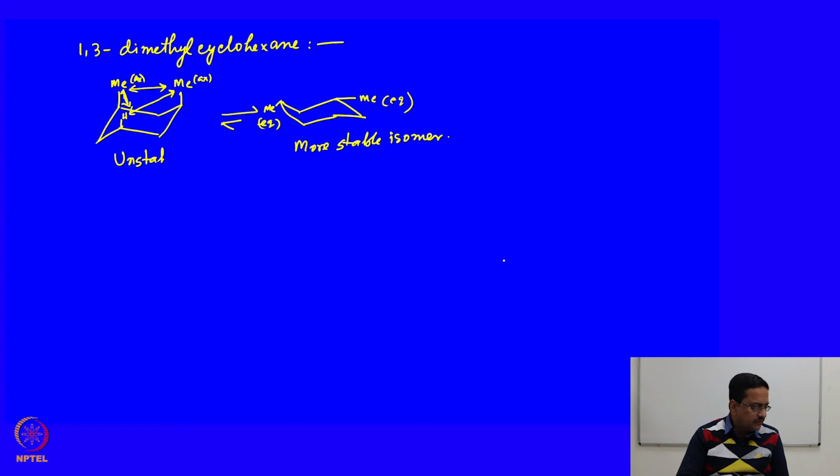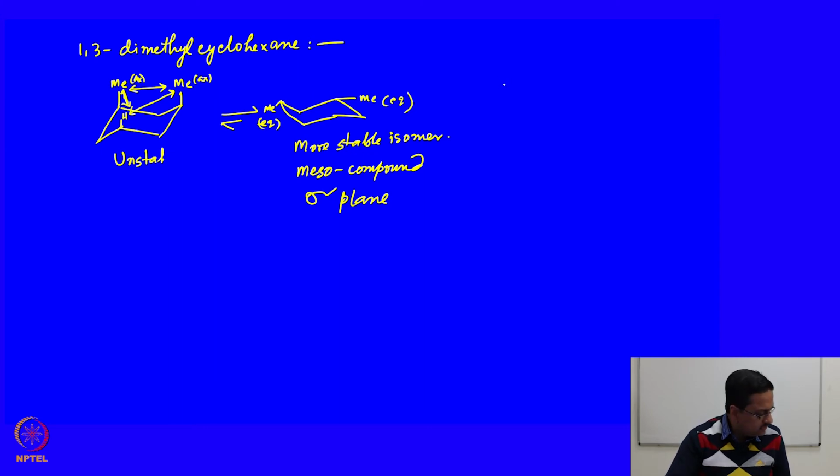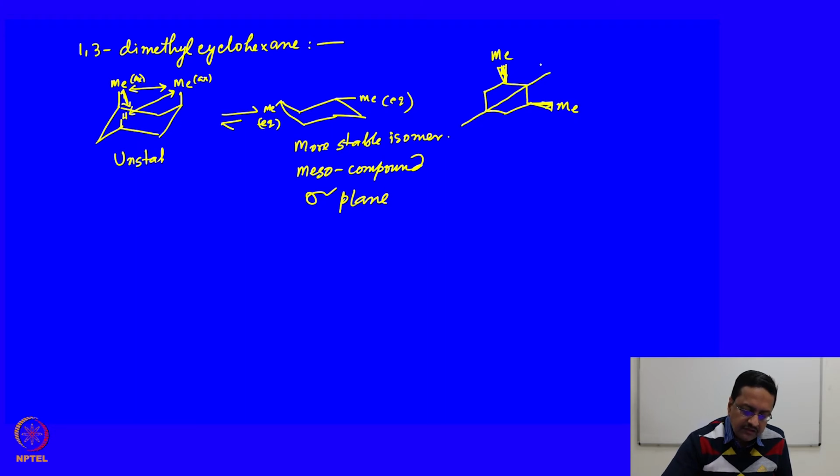Now, when we see the cis compound, this cis compound is a meso compound, as it has a sigma plane. If you try to see this molecule in the planar form, the cis isomer is, suppose, this one, then this is the plane which exists in the molecule, the plane which contains the carbon in between.